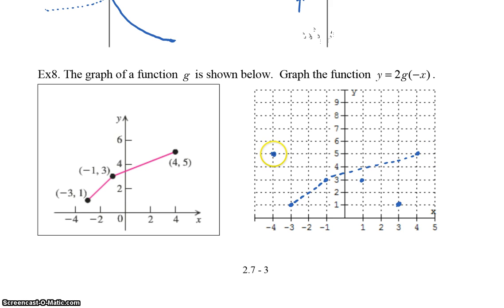So all those points are moving the same distance across the y-axis from where they were originally. And again, this is not my final result, so I'll use a bigger dashed line here. They're going to still be connected by straight line segments.